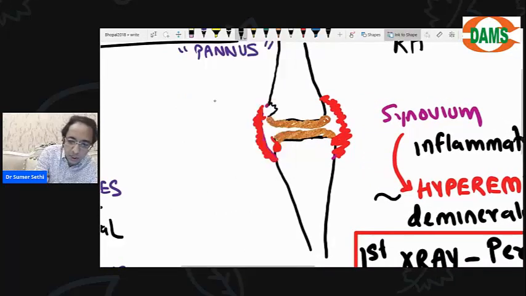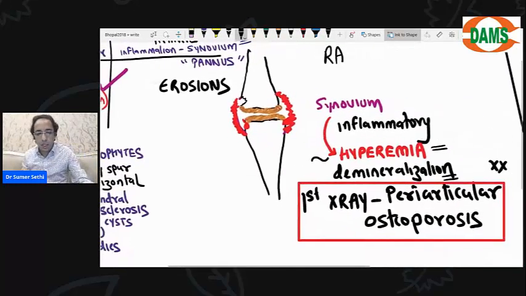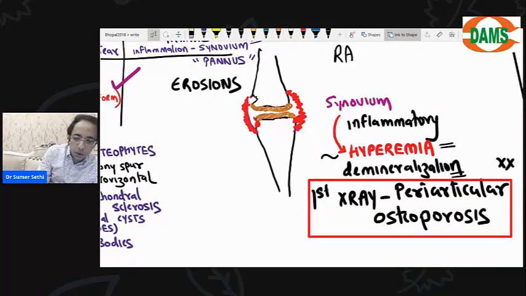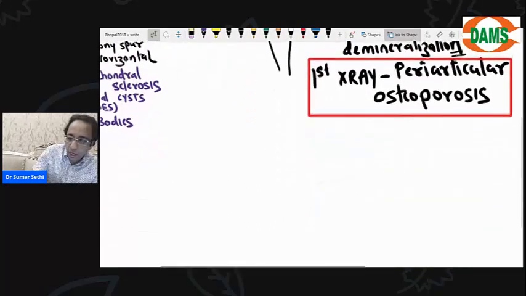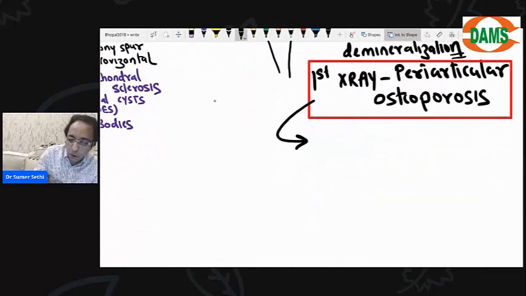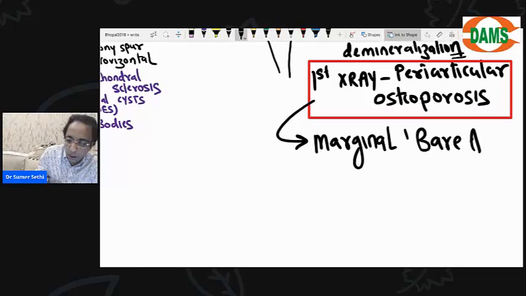That is called as erosions. Okay, that is called as erosions. So in rheumatoid arthritis, after periarticular osteoporosis, you will see marginal, that means at the margin of the bone, bare area erosions.